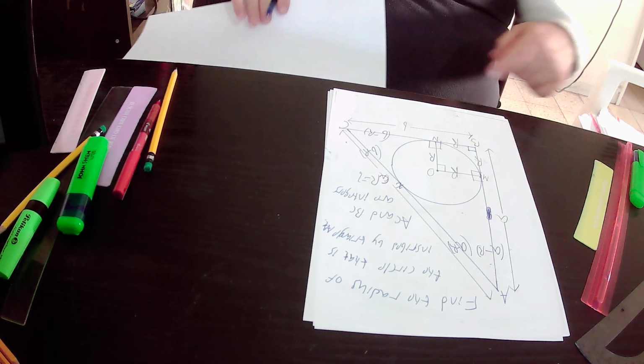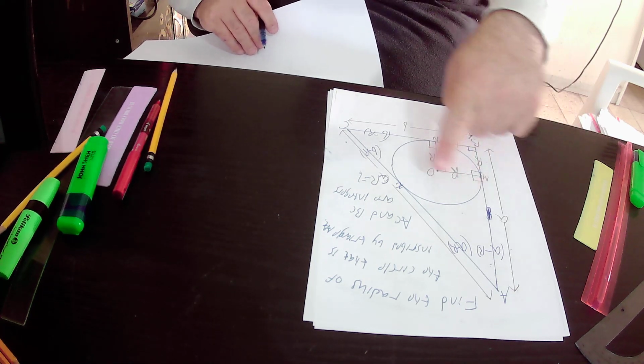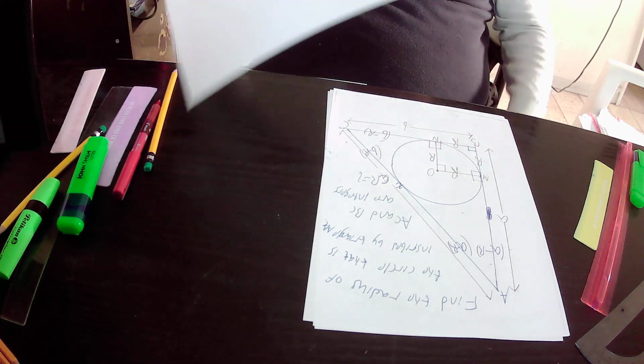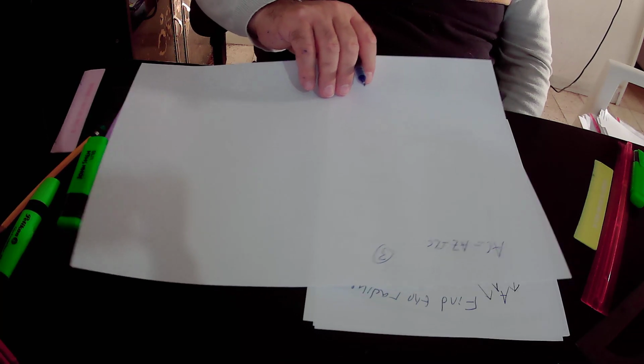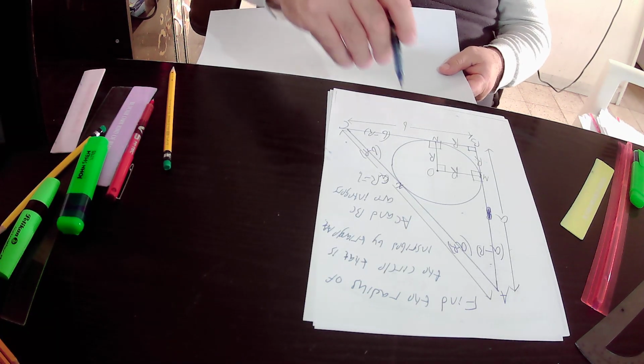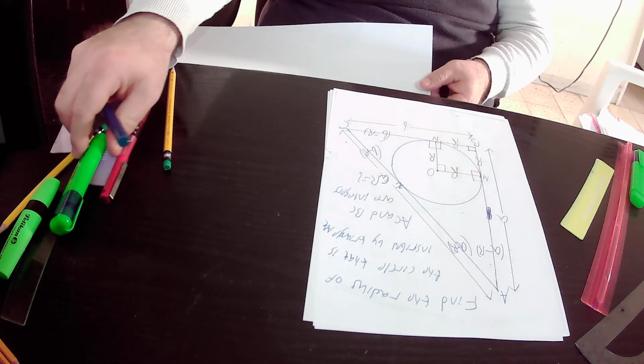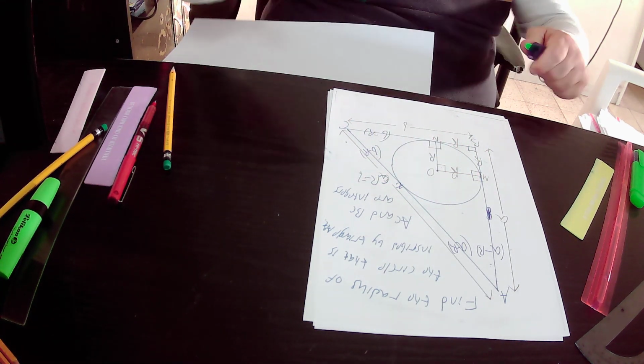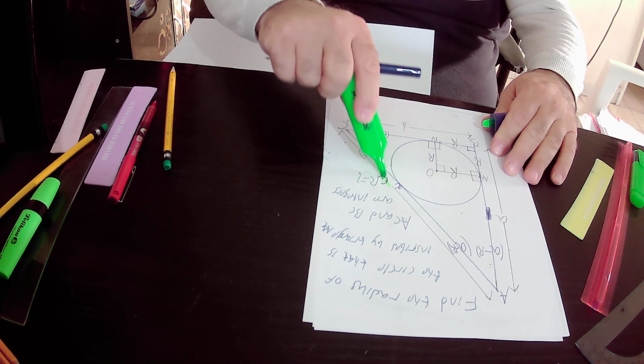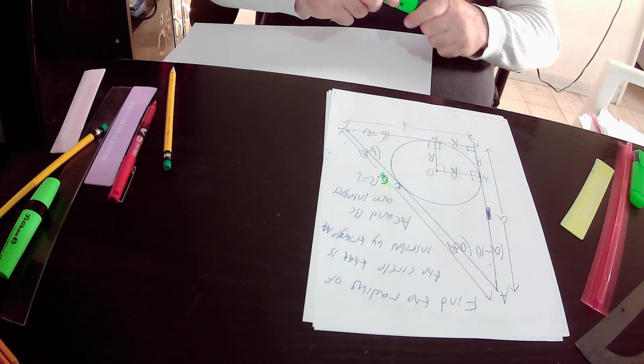I'll repeat again, the hypotenuse AC in the drawing equals AZ plus ZC. According to our definition, the hypotenuse AC is equal to C, so we substitute AC by C.